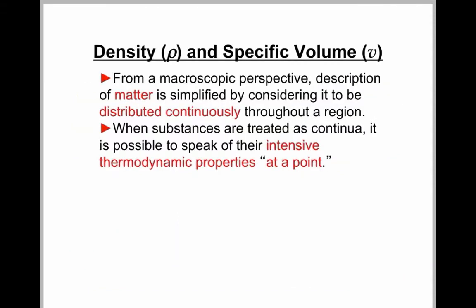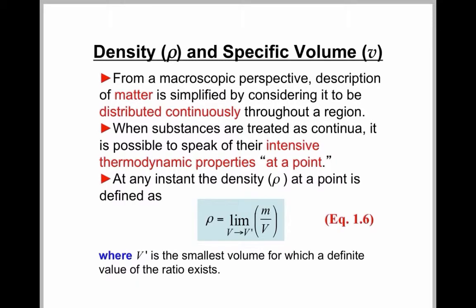Density and specific volume are used very, very frequently. In thermodynamic situations, we will usually use the specific volume much more frequently than the density. However, the two are completely related to one another.